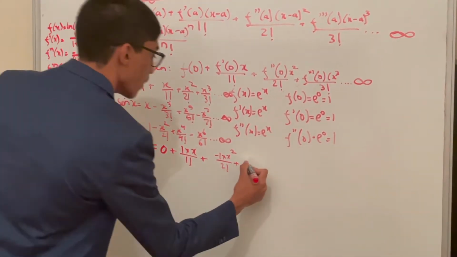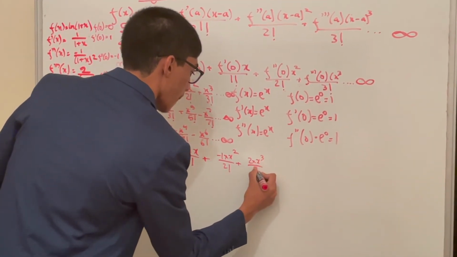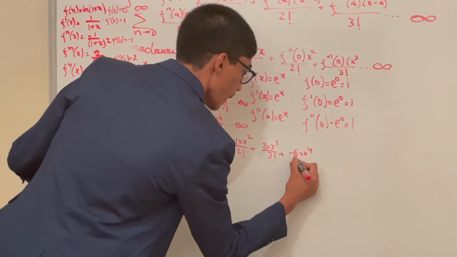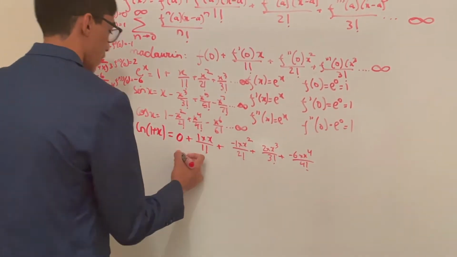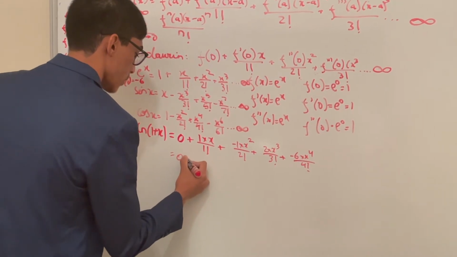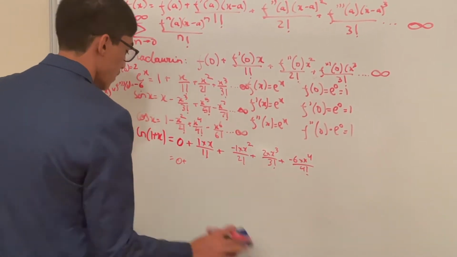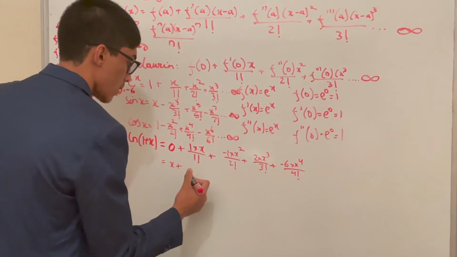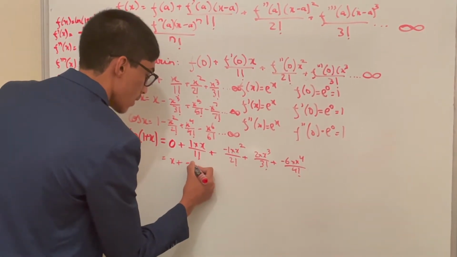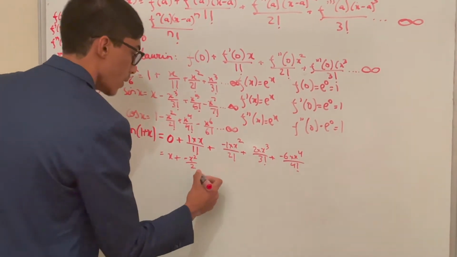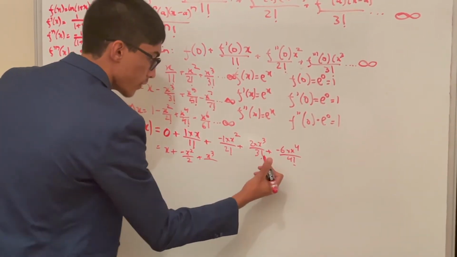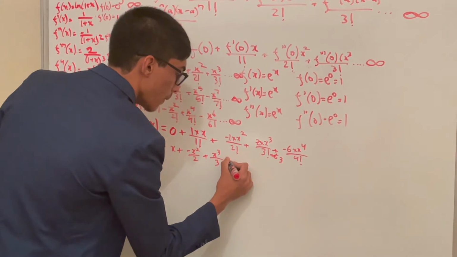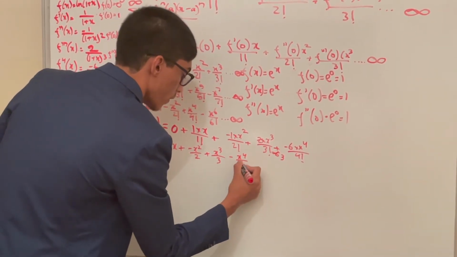And then if we continue that, it simplifies out to 0 plus x plus minus x squared over 2 plus x cubed over 3 factorial times 2, which is 6, so these cancel, and it's just x cubed over 3 minus x^4 over 4.